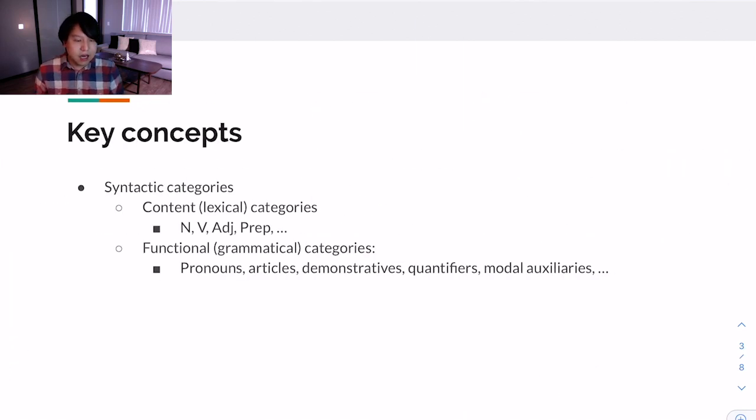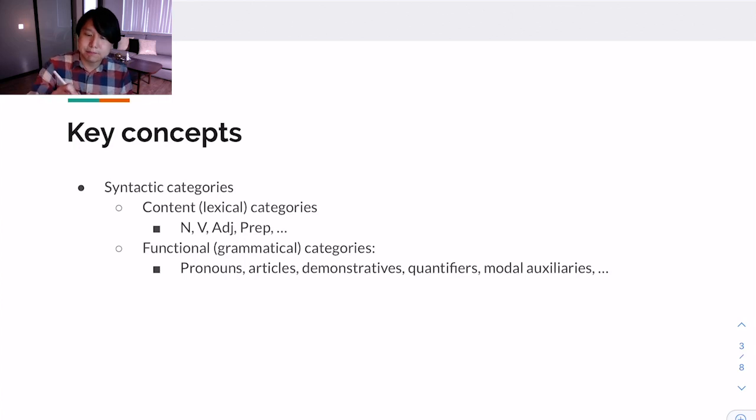So another key concept is the syntactic categories. Words can be categorized into certain groups, and the criteria to categorize those groups are their syntactic characteristic. What kind of environment they can exist in a sentence is a syntactic characteristic.